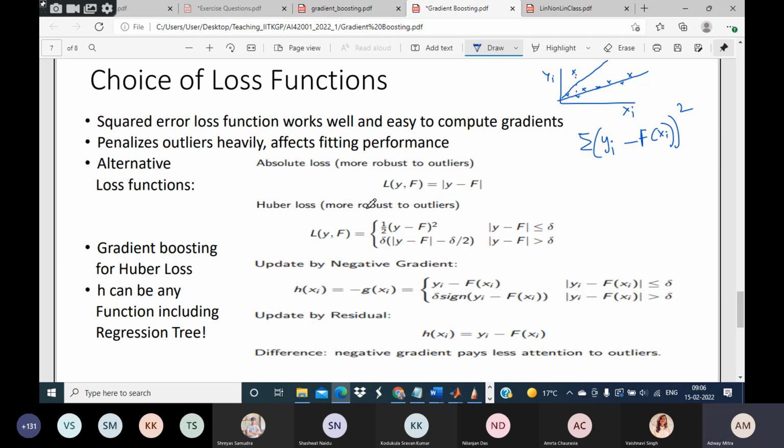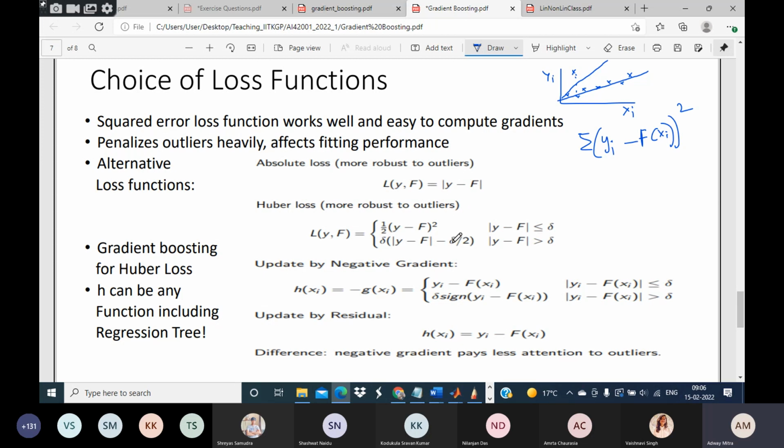And then there is also something known as Huber loss, which is midway between the absolute loss and the squared loss. It is defined in the following way. If the absolute difference between the true and predicted value is less than or equal to some threshold, then I will go for the squared loss. On the other hand, if it is greater than that threshold, then I will do something more like the absolute loss.